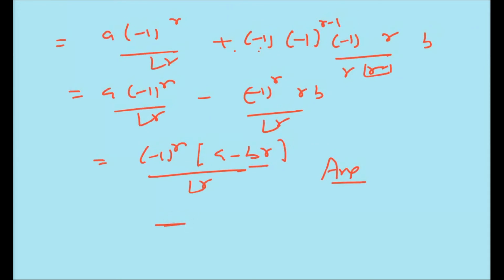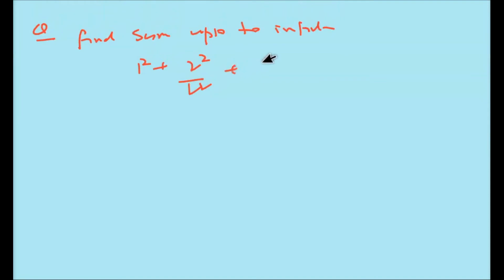Okay student, now we will do more questions. Find the sum up to infinity: 1 square plus 2 square upon factorial 2 plus 3 square upon factorial 3 plus 4 square upon factorial 4.